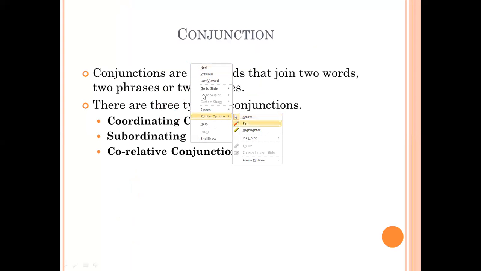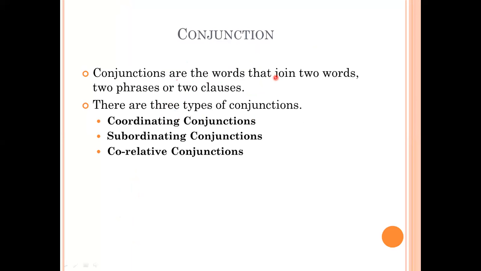It says, first of all, conjunctions are the words that join two words, two phrases, two clauses, or two sentences as well. For example, Ram and Sham, come and go, bread and butter. There are a number of conjunctions, but we can take examples.